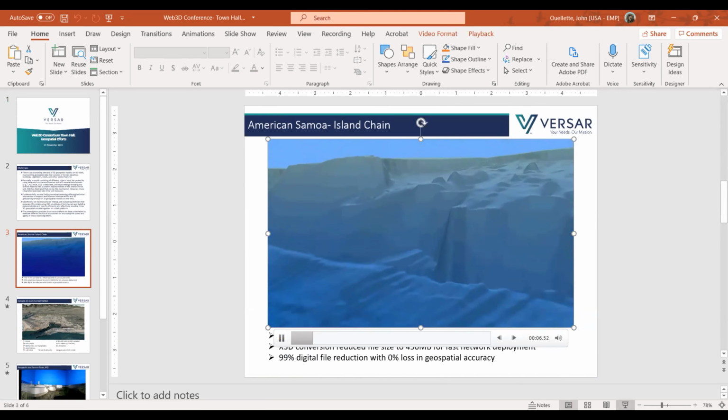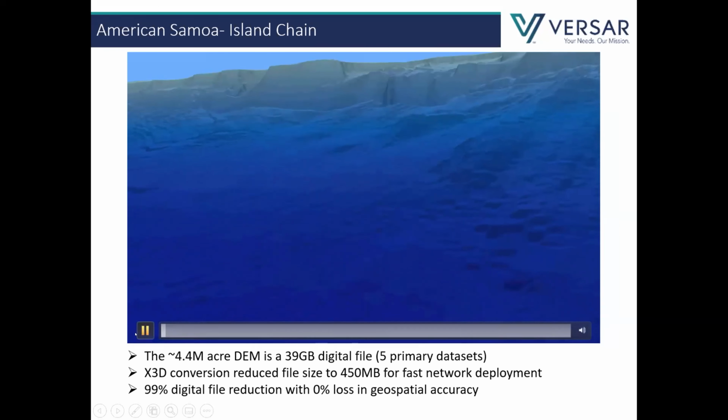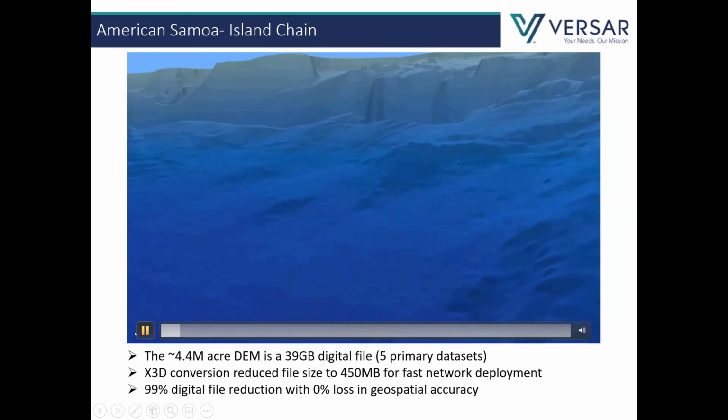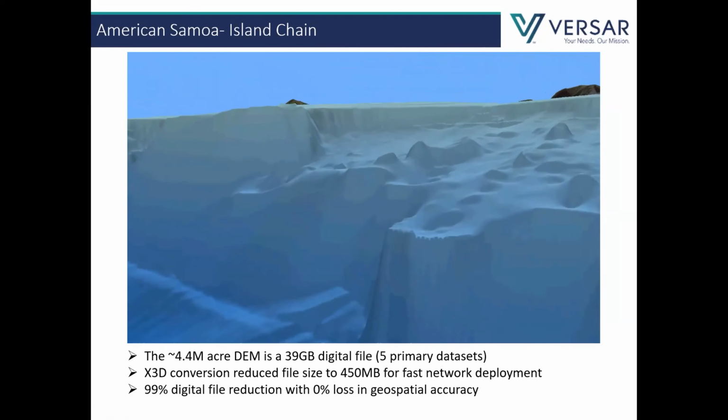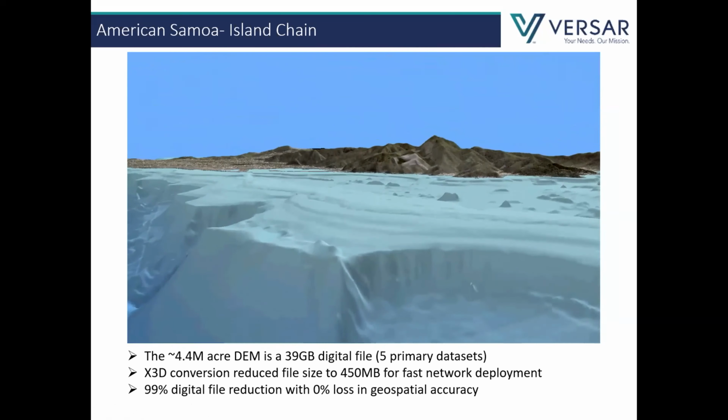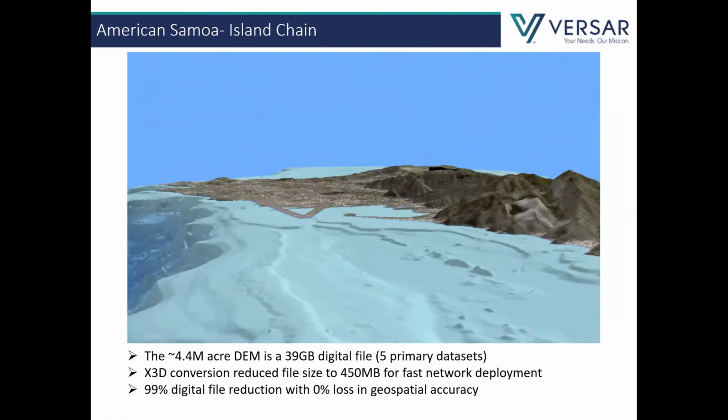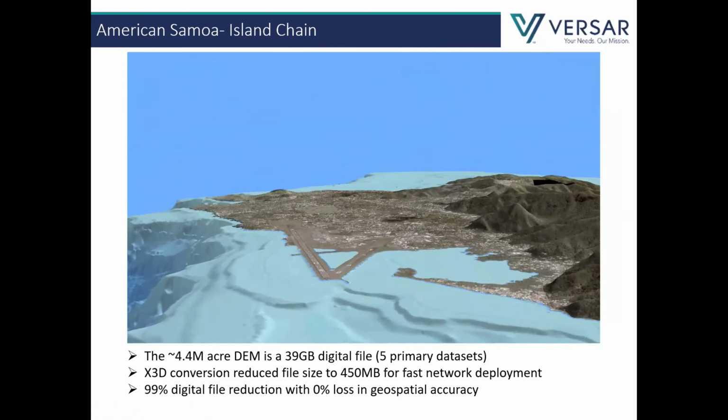And that's seen here in what you're looking at. What we've ended up doing is we try to take this and push it out to some boundaries. You're looking at 4.4 million acres of digital elevation model for American Samoa.